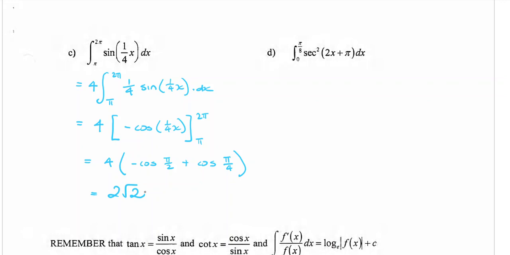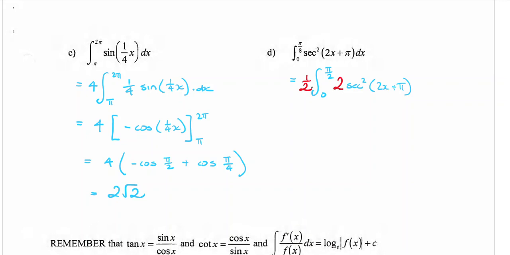Okay, D. Like last time, I need to modify my integral. Because I have sec squared of 2x plus pi, what is the derivative of my function? 2. So I need a 2 here, which means I'm compensating for that by putting a half out the front.